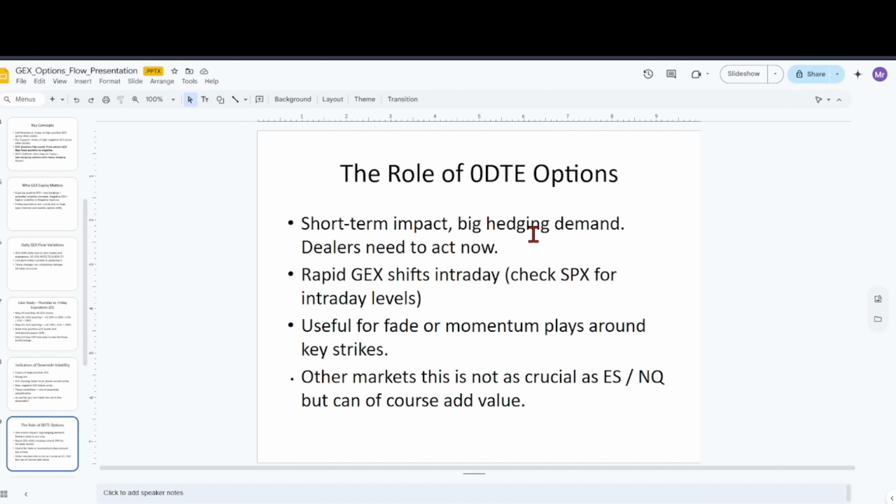But the general reason why they're important is because if someone comes in and buys a huge size or sells huge size, the dealers need to act now because the stuff is expiring today. It's the stuff that has the most gamma exposure for that session. With dealers and options, with 0 day to expiry, they don't have the time.